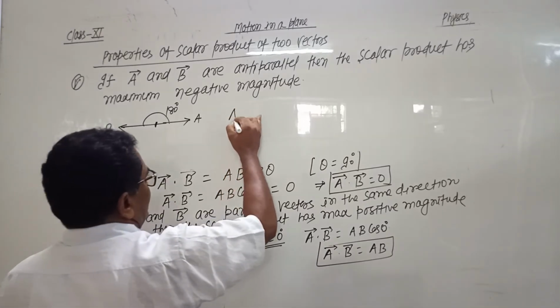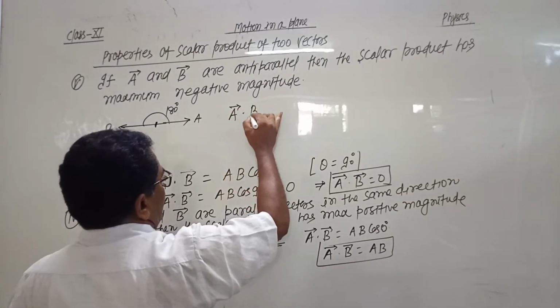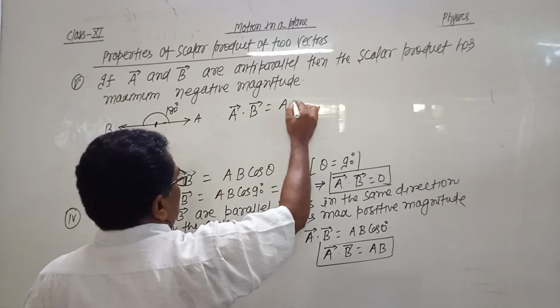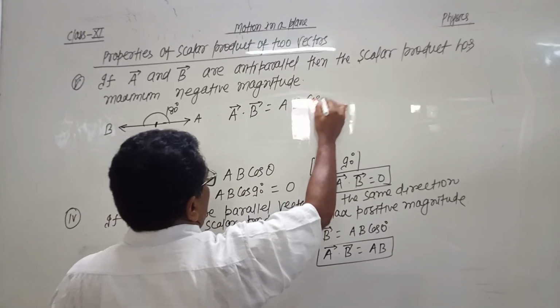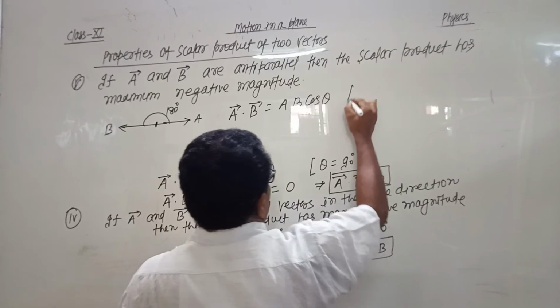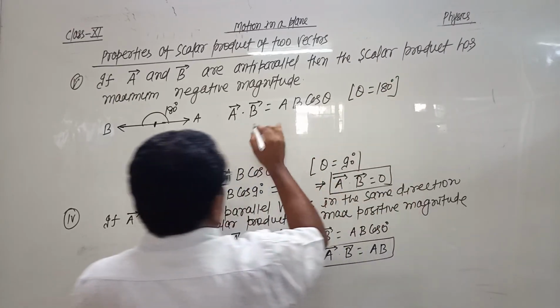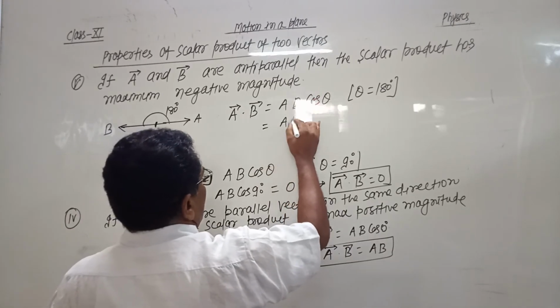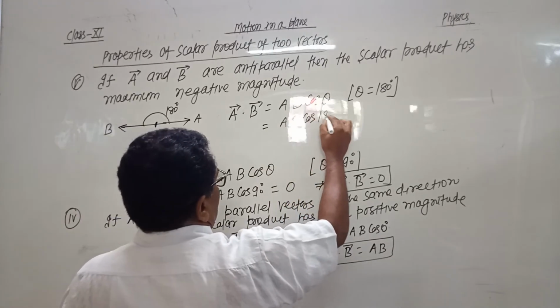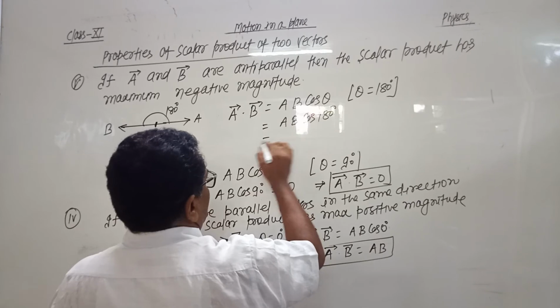So in this case, we use the formula A dot B equals magnitude of A, magnitude of B, cos theta. And here theta equals 180 degrees. So it gives AB cos 180 degrees, and the value of cos 180 is minus 1.